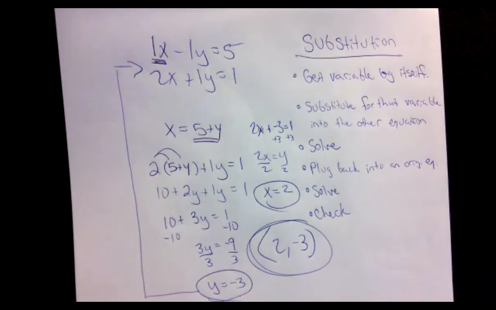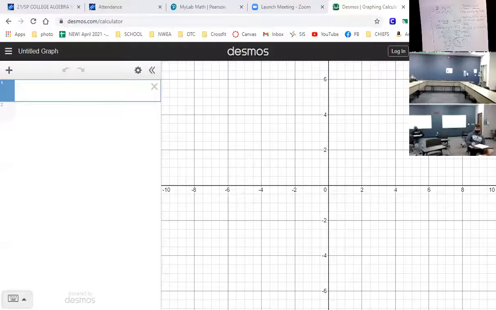Also, as a reminder, I'll share my screen here. We go into Desmos. This is a great way to check your answer. If you don't want to plug it in, now remember you can't use Desmos on the test, but when it comes to your homework, if you just want to use Desmos to check, you can simply type in your equation. So X minus Y equals 5.